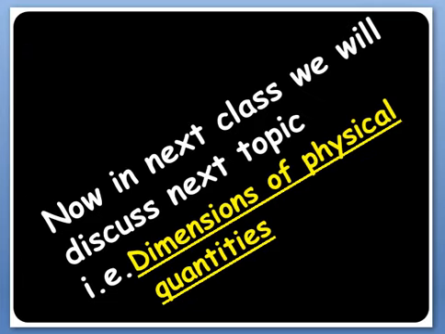Now in the next class we will discuss the next very important topic, that is dimensions of physical quantities. That is so important in this chapter, dear students. In chapter number 2, that is units and measurements, this topic is very important and you have to use this concept every time while taking the reading from the experiment, while calculating, while solving the numericals.